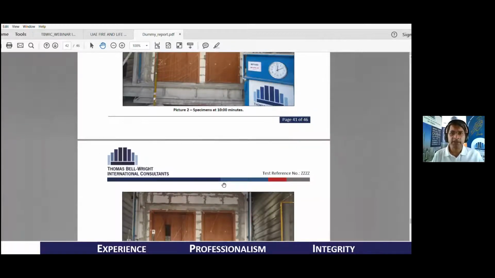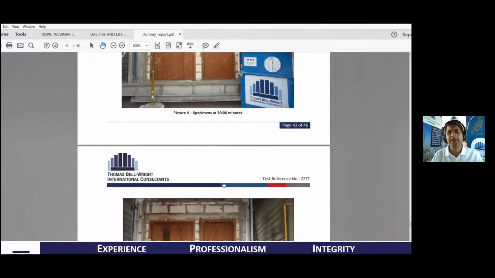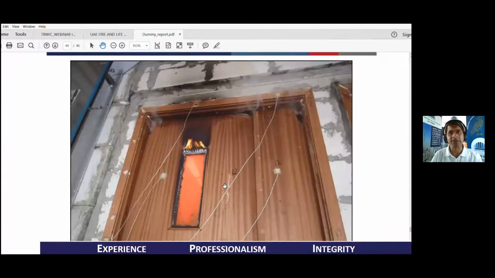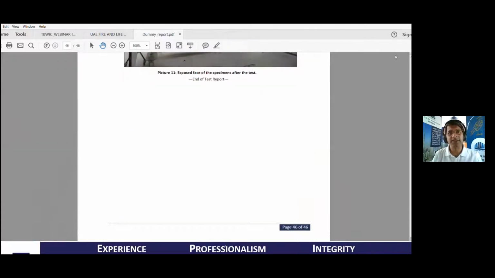So at the end of it, these test results are not just a pass or a fail, but a fire resistance test hence captures a huge amount of information of where the door came from, how it was installed, what were the components of a door, which help certification bodies to use that data to say every time such and such door manufacturer sends a door of this design, the design which is in the test report or in the certification report, will comply and will always be able to contain a fire for 2 hours or 1 hour or 90 minutes and so on and so forth.